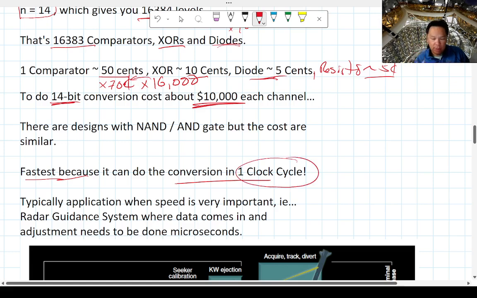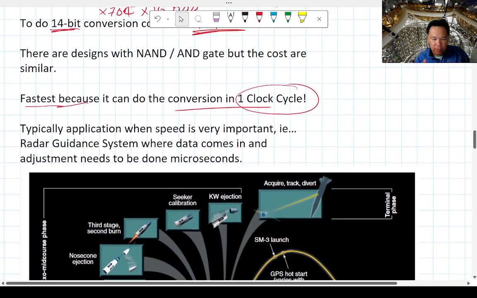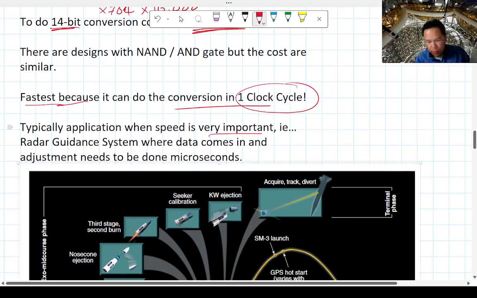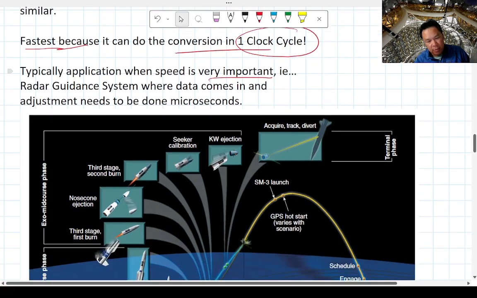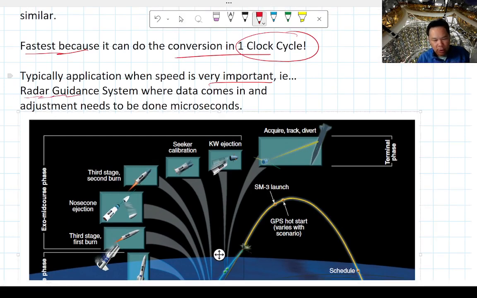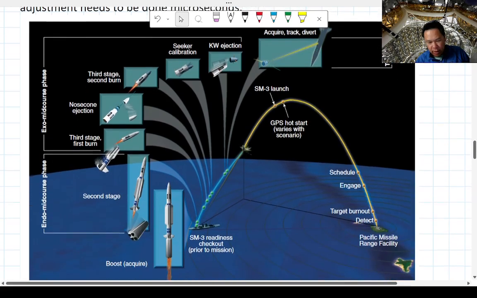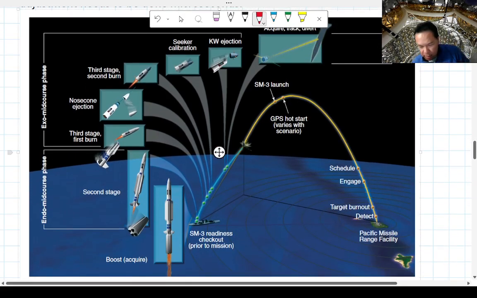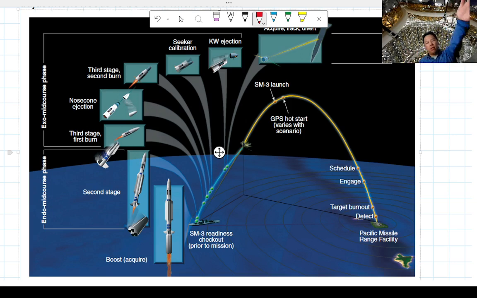It just happens right away. So these are typically applied where speed of converting analog data to digital data is extremely important, such as radar guidance systems. If you're shooting something into space, or up into the air, and you want to track something and guide that missile to your target.